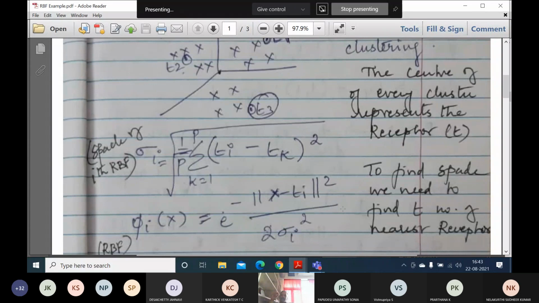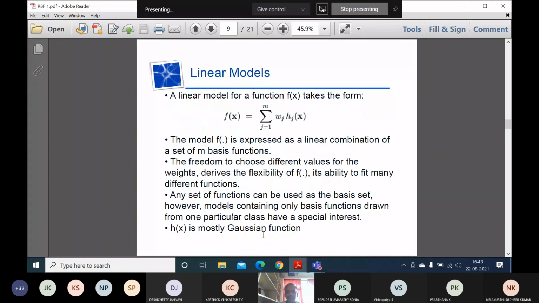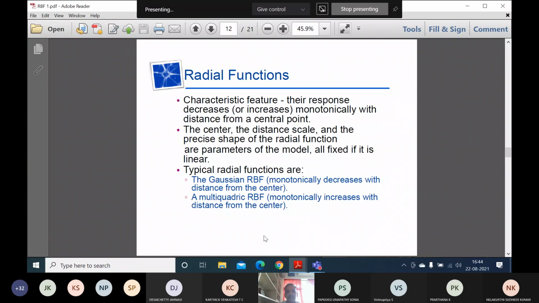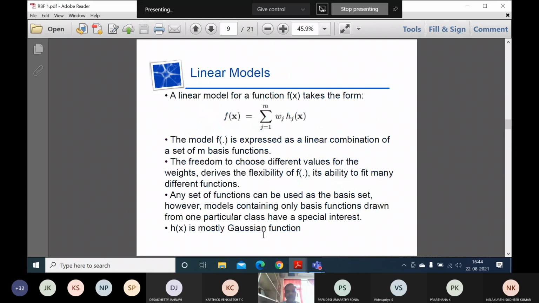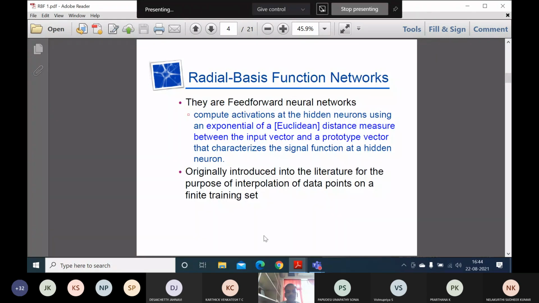This is the hidden unit basis function formula. So in the hidden unit, it is expressed as the exponential of the Euclidean distance measure.